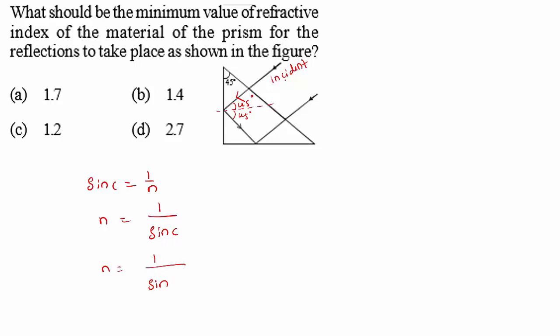Here the critical angle is equal to the angle of incidence, so in place of C I can write 45 degrees. n equals root 2, or n equals 1.4. So the minimum refractive index of the material of the prism for the reflection to take place in the figure gives n equal to 1.4.